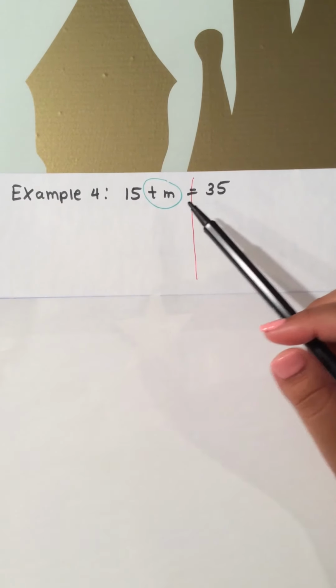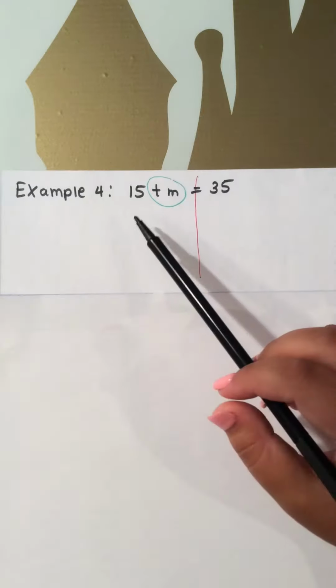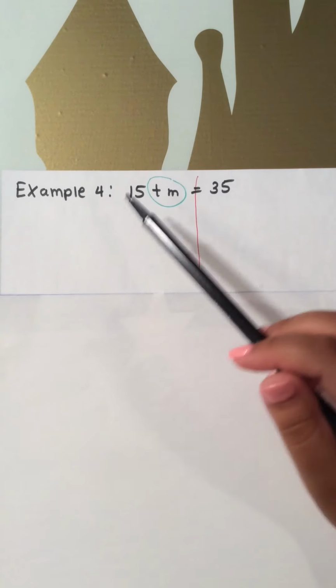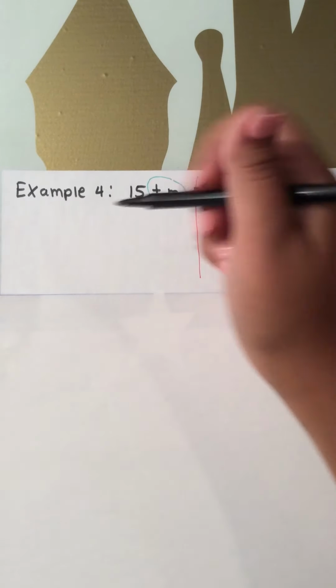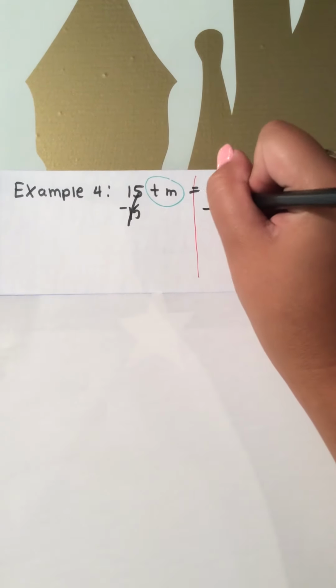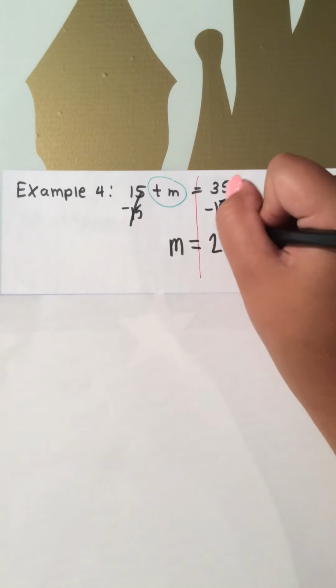But in this case, we have addition, so we don't really have to worry about minusing anything. But this 15 is attached to this m by addition, and this 15 is positive. So to undo it, I'm going to subtract 15 on both sides. So m is going to equal 20.